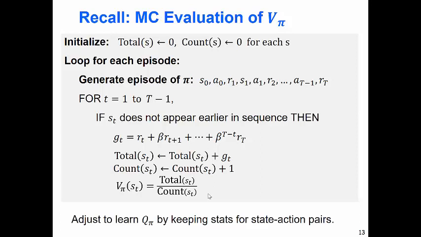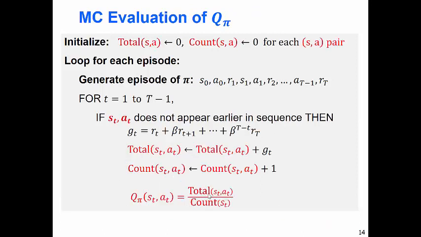So we can adjust this to learn a Q function very easily, although there's going to be a little caveat here. The Q function depends on S and A, right?